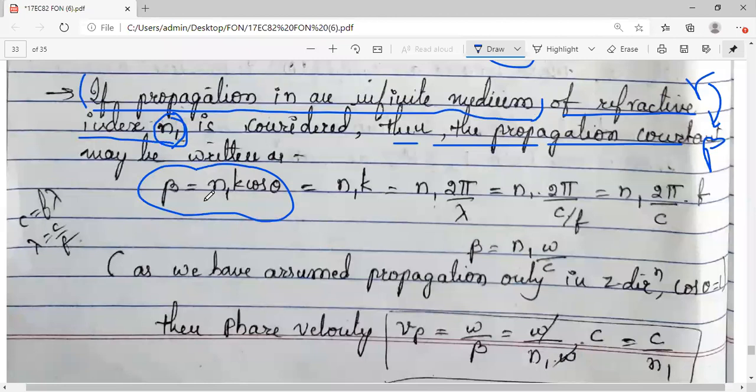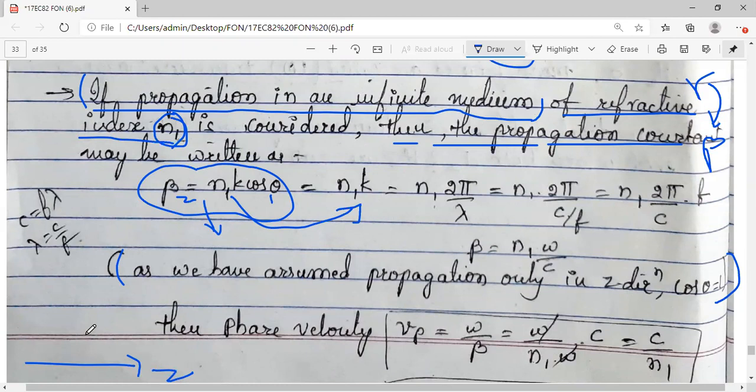So with that, taking as a reference beta or beta z, it is equal to n1k cos theta. And here I am taking the n1k. I did not take cos theta because we have assumed the propagation in a z direction. So there is no resolution at all, because I am considering that the wave is traveling in z direction.